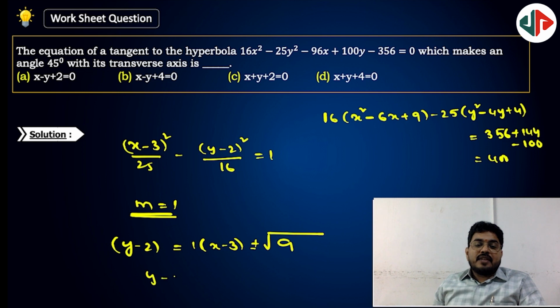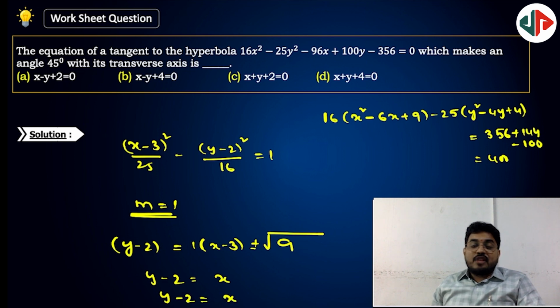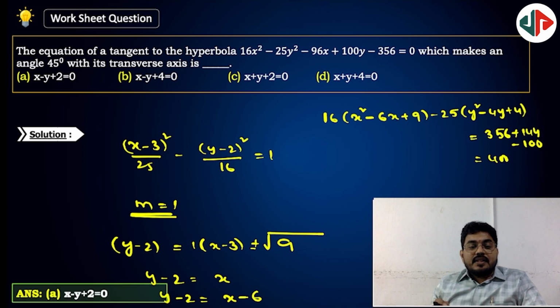So y minus 2 is equal to x minus 3 plus or minus 3. So the answer is going to be... okay, what is the answer? x minus y plus 4 is equal to 0. One minute. The center is 3 comma 2.